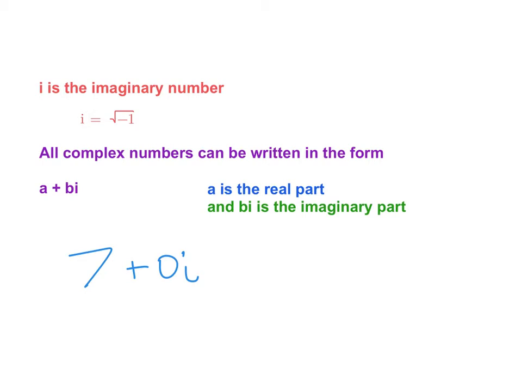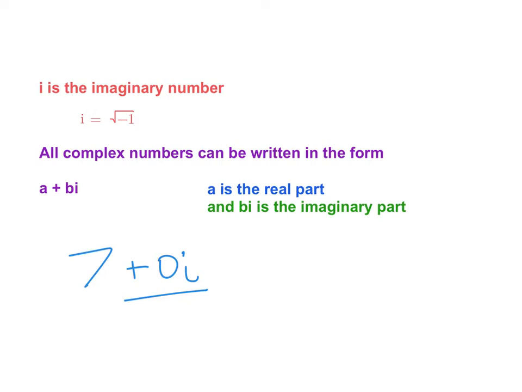So all this time when you've been working with real numbers, you've also been working with complex numbers without really knowing it, because this part just wasn't really necessary. The same can be said with imaginary numbers. We can have 0 as the real part and just have an imaginary part. We usually don't write the 0 for the real part, though, and we'll talk about some of that stuff here in a second.